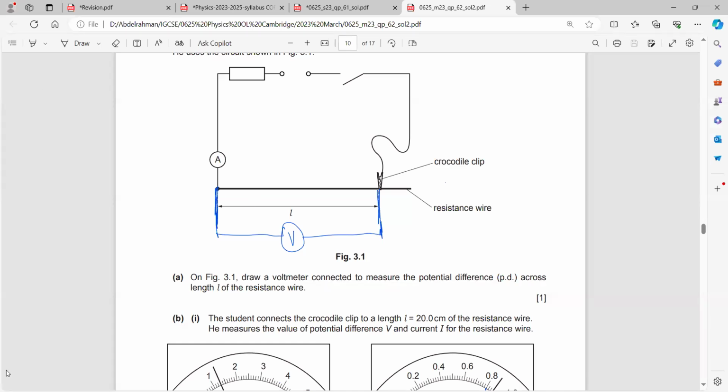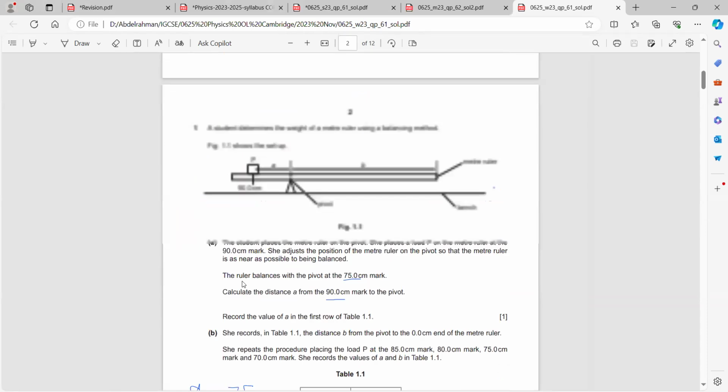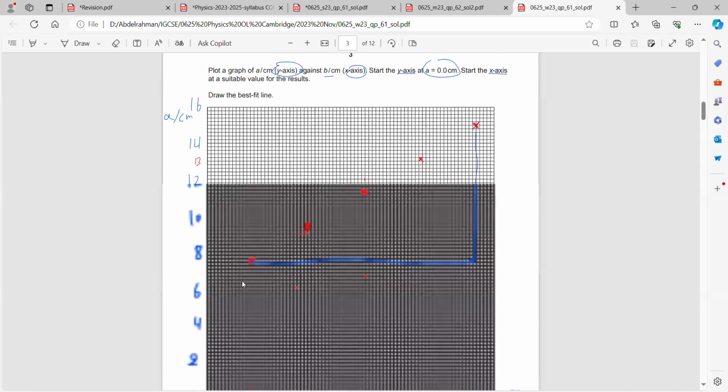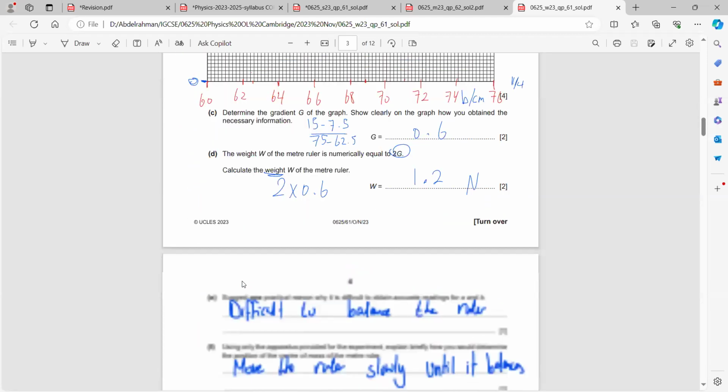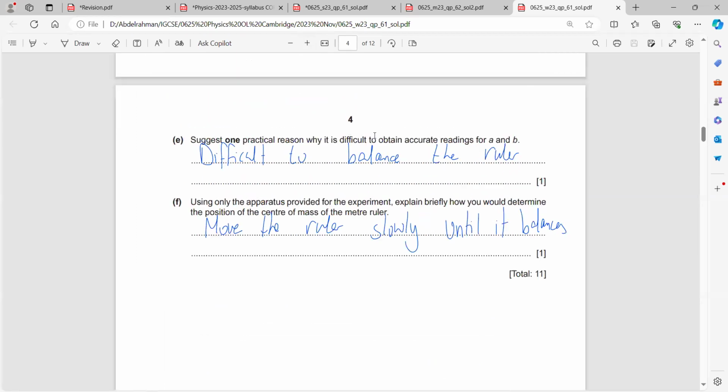I need to open up one last exam, for example November 21, Variant 1 as well. Balancing. If you have a balancing ruler, you need to measure some distances A and B. One of the questions, you have to draw a graph, for example. State one practical reason why it is difficult to obtain accurate readings for A and B. Because it is actually difficult for us to initially balance the ruler.